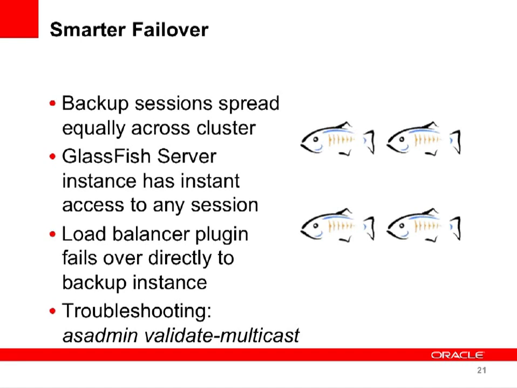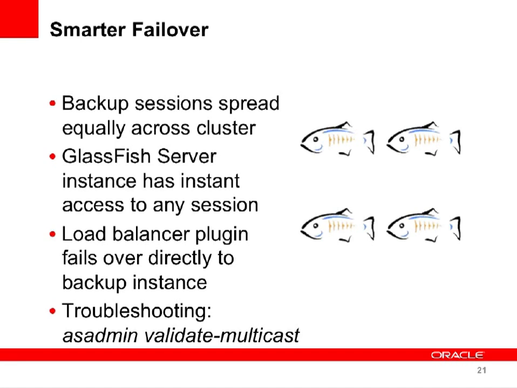And what we found there is that in the case where an instance fails, the backup instance that contains all that information becomes overloaded with traffic and communication, because as the cluster repairs itself, it becomes the bottleneck.